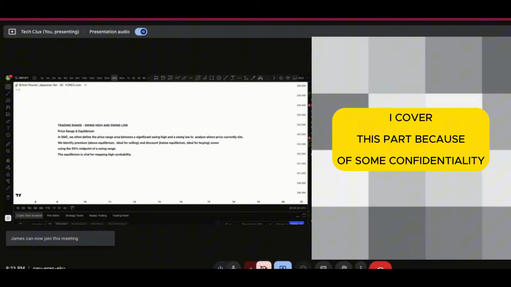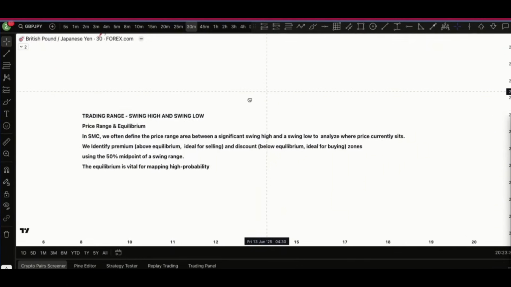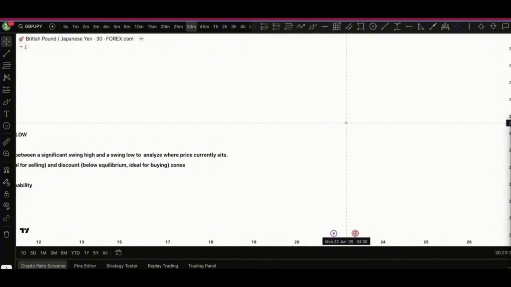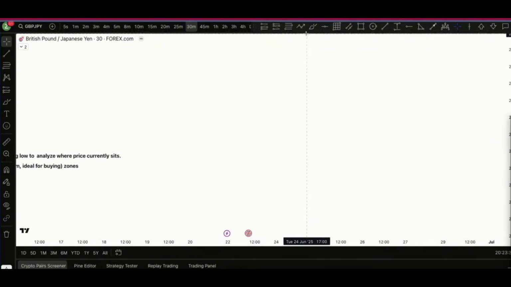Good. So now look at something. We've already covered what we call the minor, sub, and main structure. So now, assuming we are in an uptrend, we have this as our main trend or main structure.